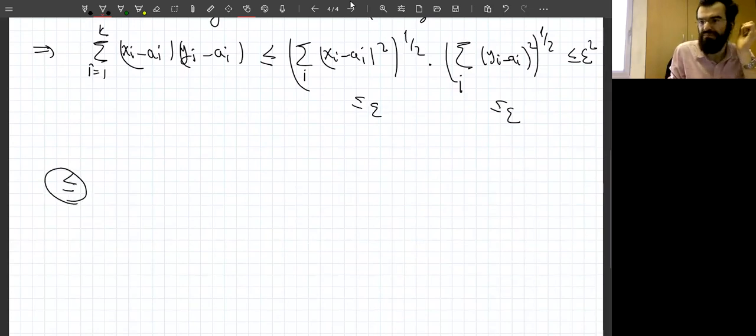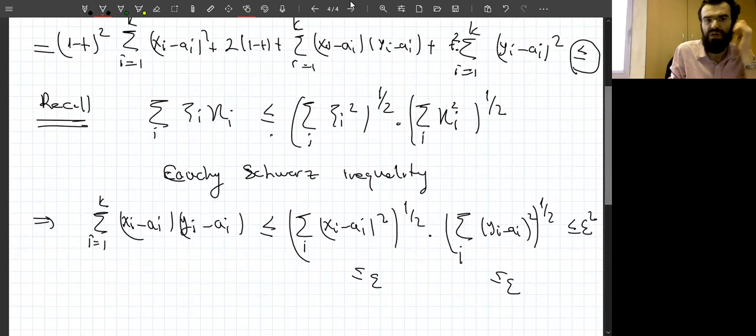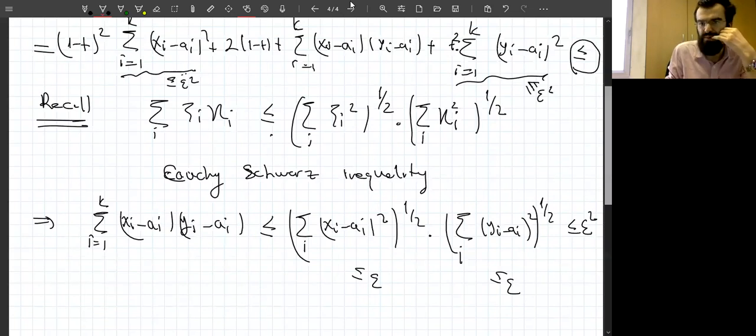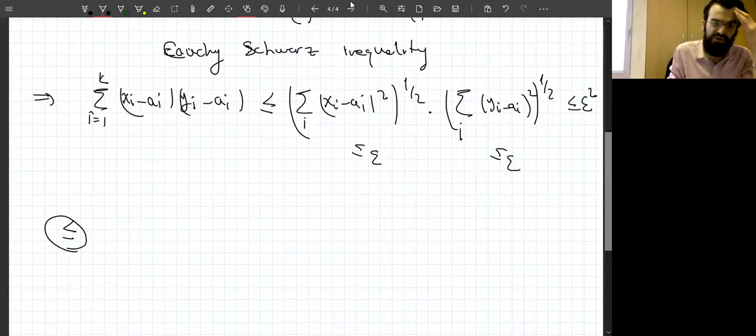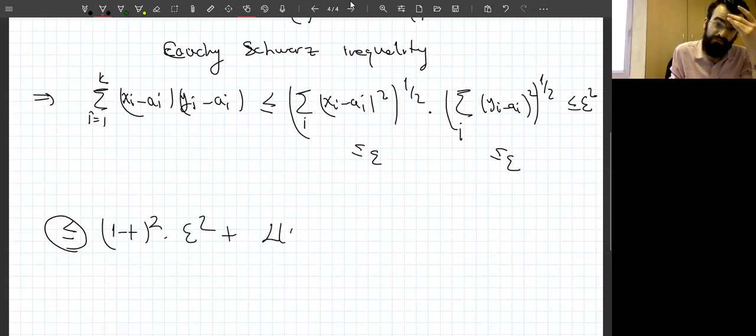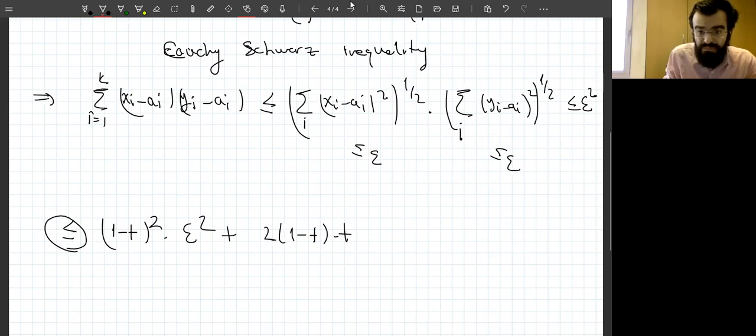Look at this part, this guy, less than or equal to epsilon squared, and clearly this guy, less than or equal to epsilon squared, implies the whole thing is less than or equal to the sum times t squared.